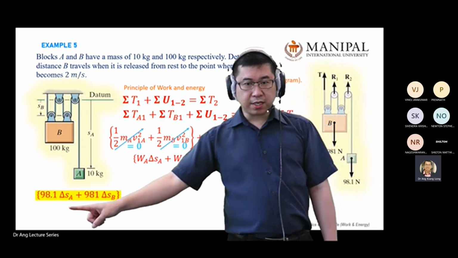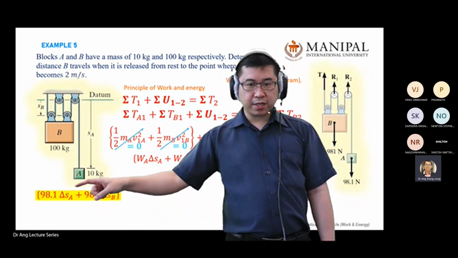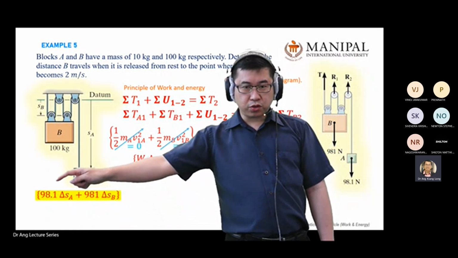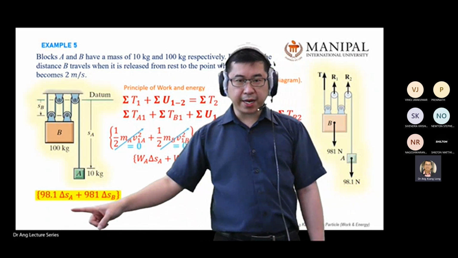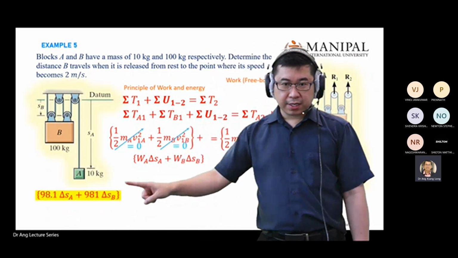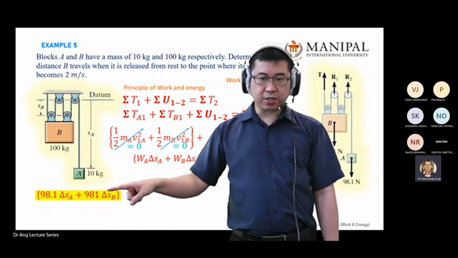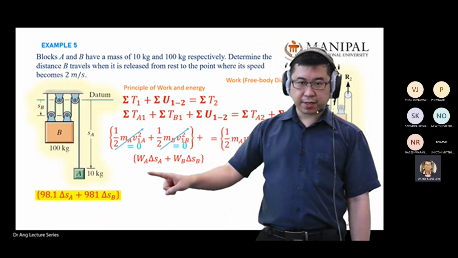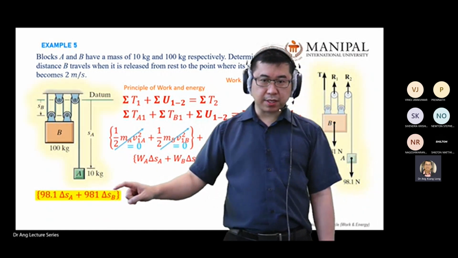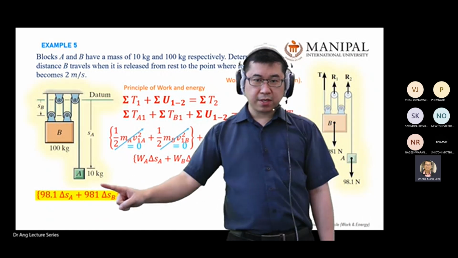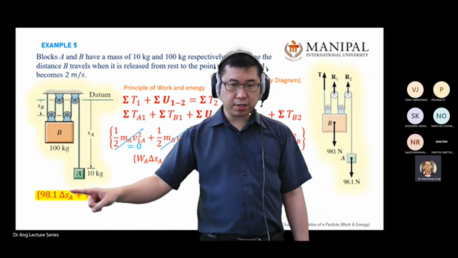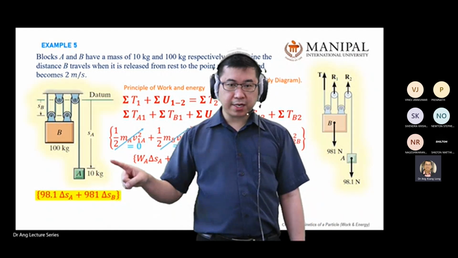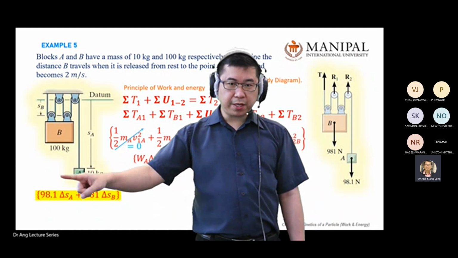So this is the equation between the G and S. This is the work done by the gravitational force. So WA, what is W? mg. So mass times g, you get 98.1. For B, W equals mg.